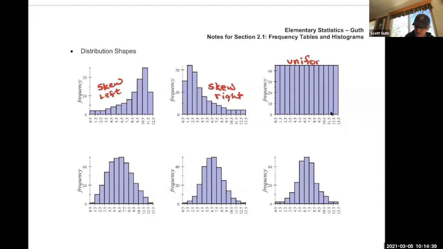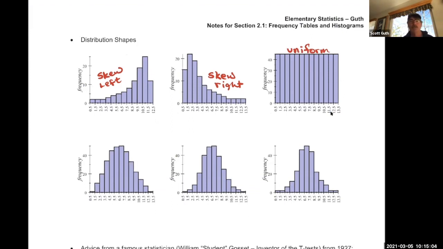This happens sometimes. If you talk about a distribution of phone numbers, if you were to sort phone numbers from low to high and talk about their distribution, I think you'd see a flat distribution with every phone number basically equally probable, at least in the range of possible phone numbers. I don't know if that's true or not. I'm making it up.